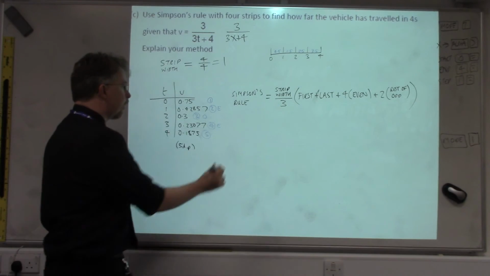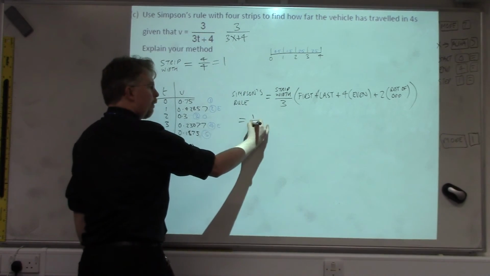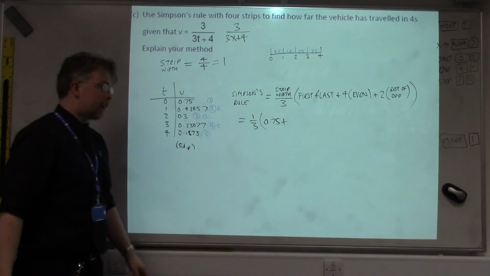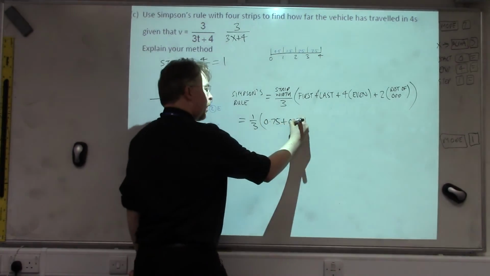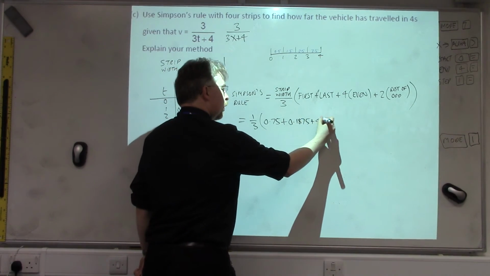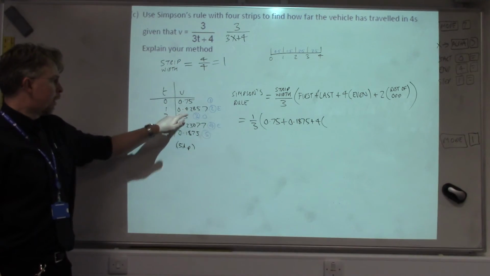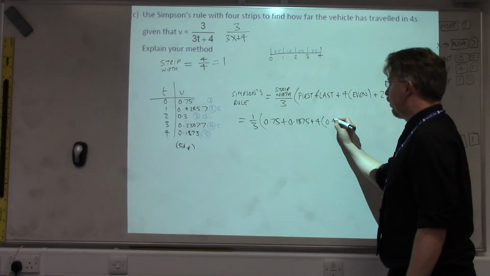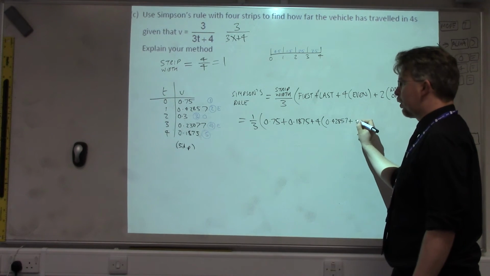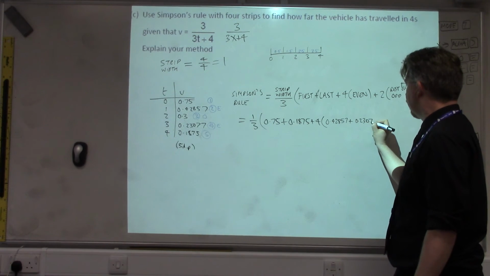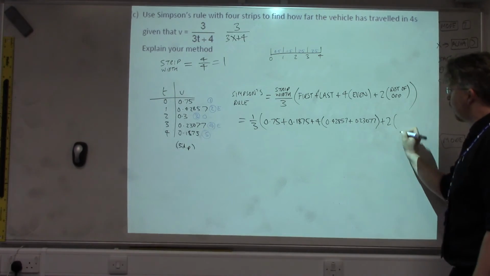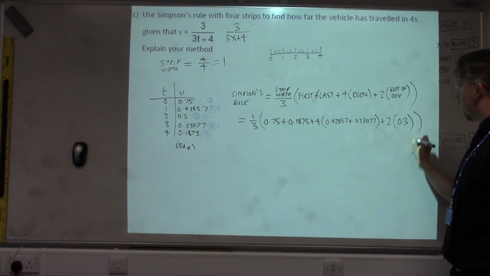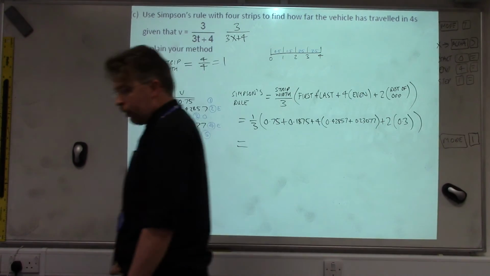So putting in the values, the strip width is 1 over 3, open bracket, first plus last, 0.75 plus 0.1875 plus 4 times open bracket even, the two marked even added together, 0.42857 plus 0.23077, close bracket, plus 2 times the rest of odd, only one value, 0.3, close bracket, equals.